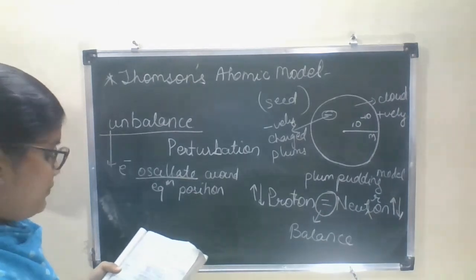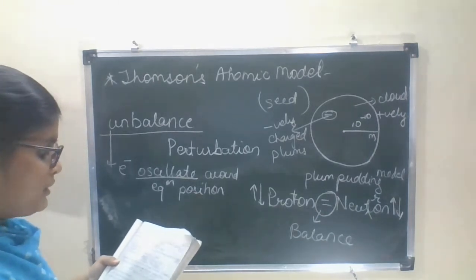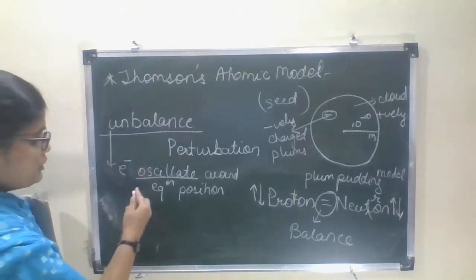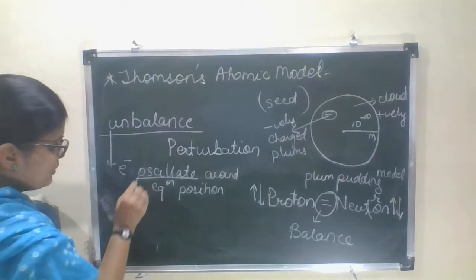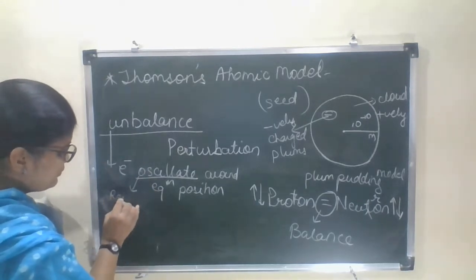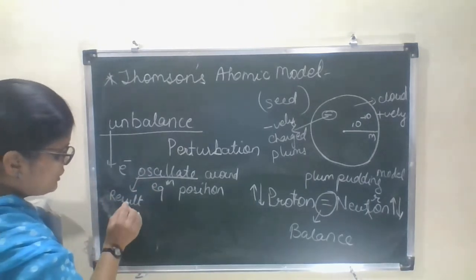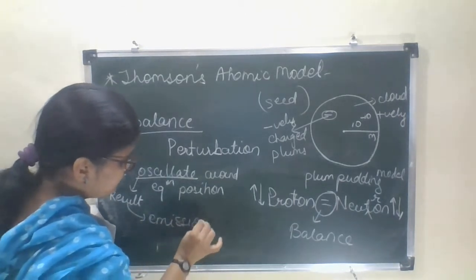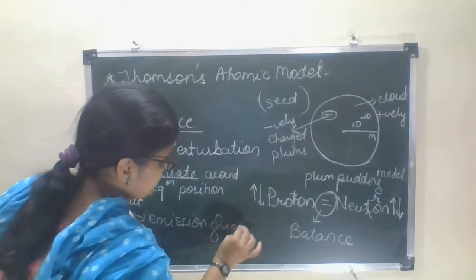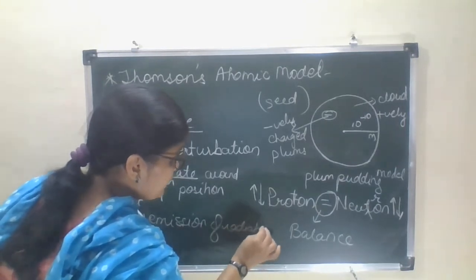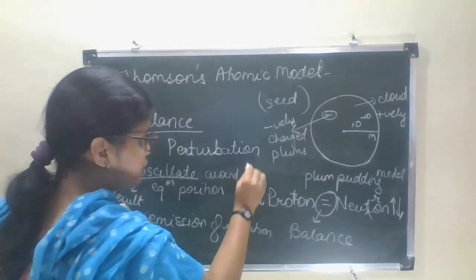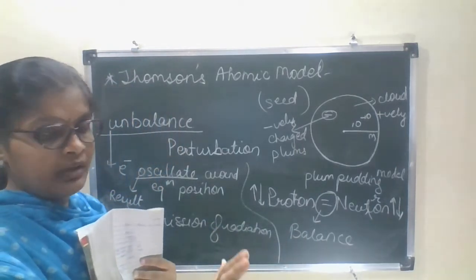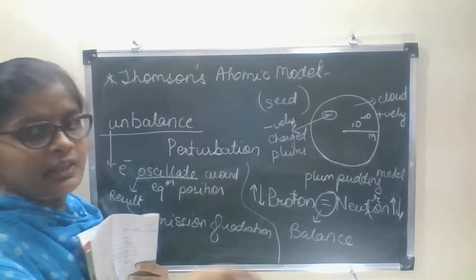Because of this oscillation, there is emission of radiation of definite frequencies. The result of this oscillation is nothing but the emission of radiation of definite frequency. Means whatever the radiation is, those frequencies are defined, they are definable.